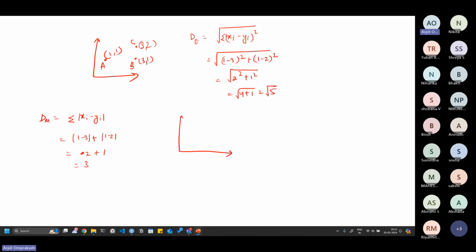You'll be given what distance measure you need to use. So you need to calculate the distance between A and C, distance between B and C, and distance between A and B. And then see which one is the smallest and choose that option or write it down.